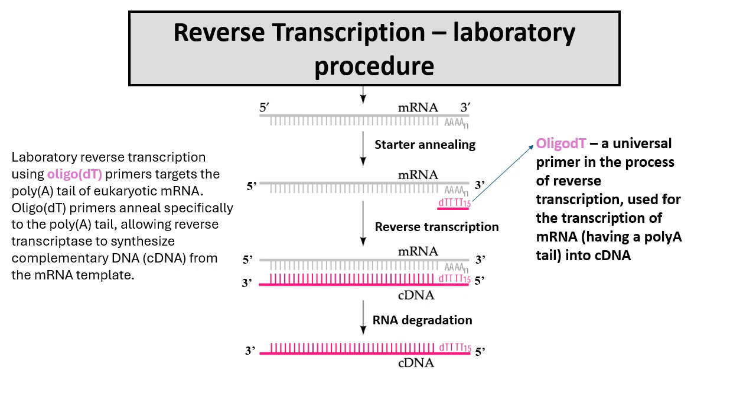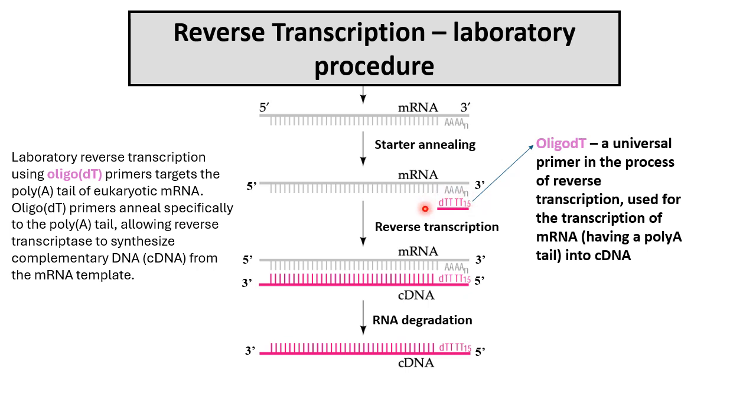And on the slide you can see how exactly the reverse transcription procedure looks like in the laboratory. So here we have the mRNA molecule, and to reverse transcribe this mRNA molecule into the copy DNA, we need the enzyme reverse transcriptase, originally isolated from retroviruses, and now it is used as recombinant protein. But apart from the enzyme, we need the starter.